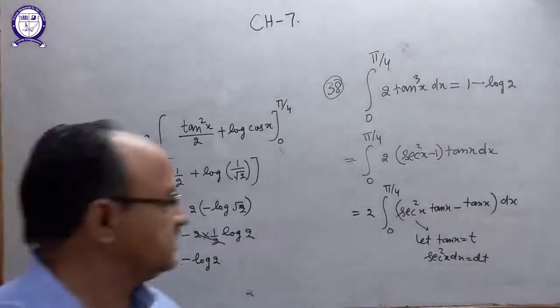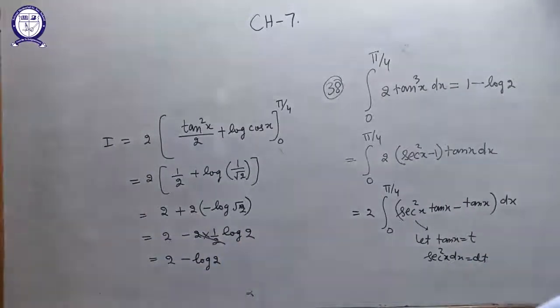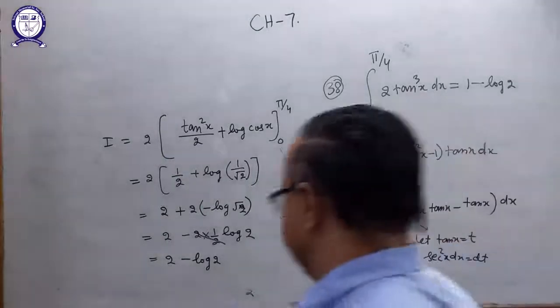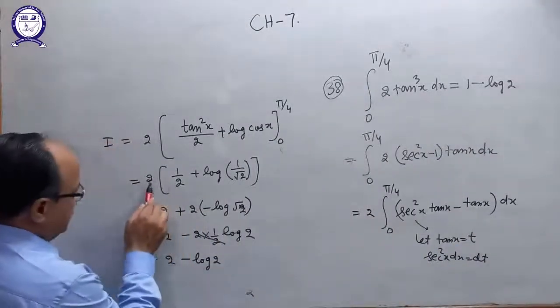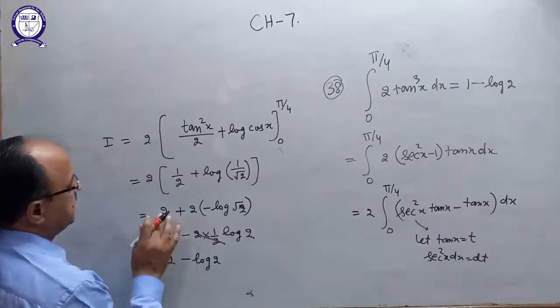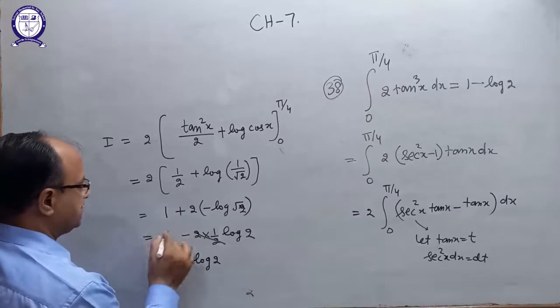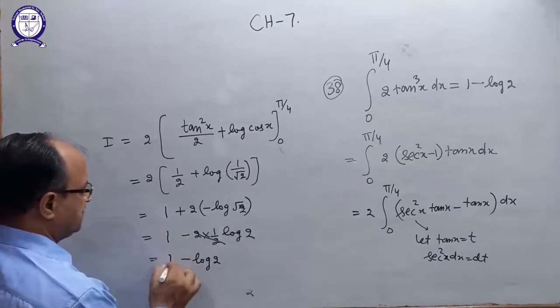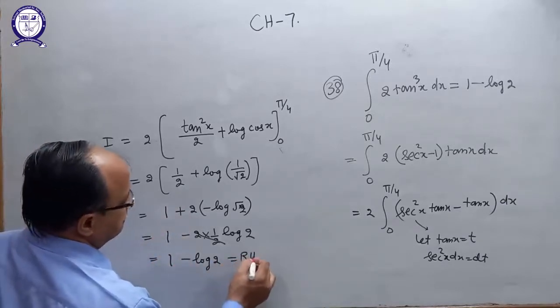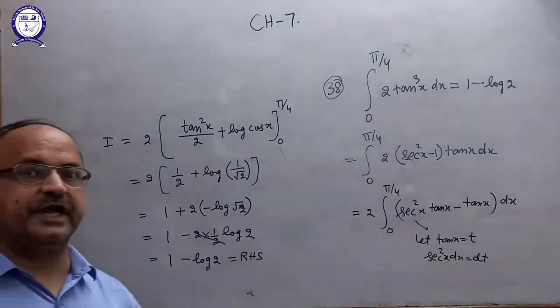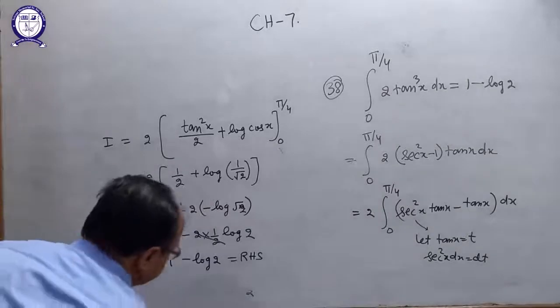Clear? When you multiply 2 with 2, then 2 and 2 cancel. Here 1, here also 1, here also 1. That is the right hand side. This is question number 38. Clear?